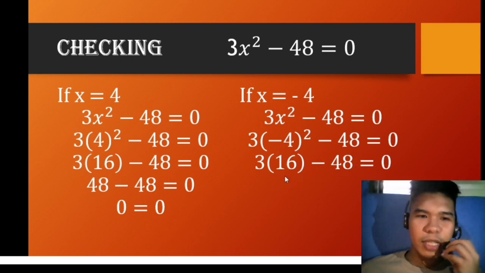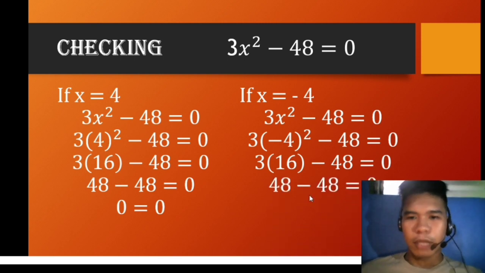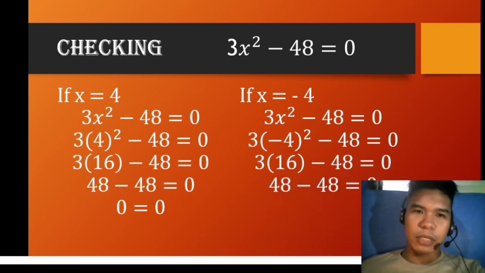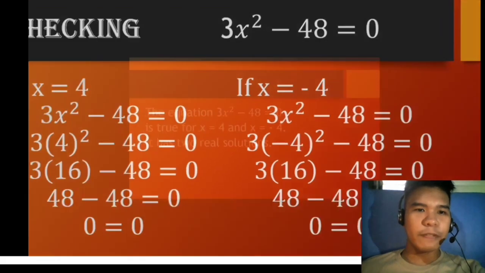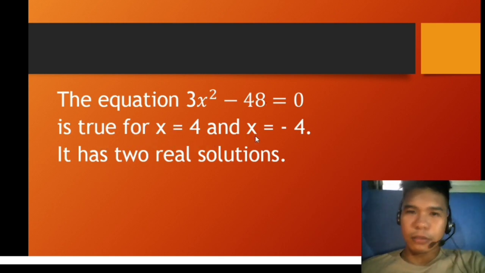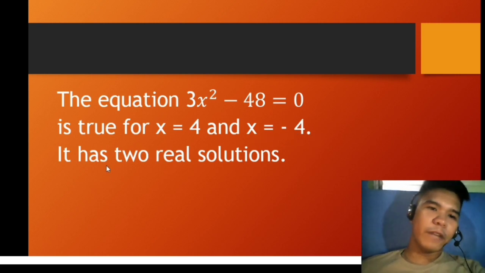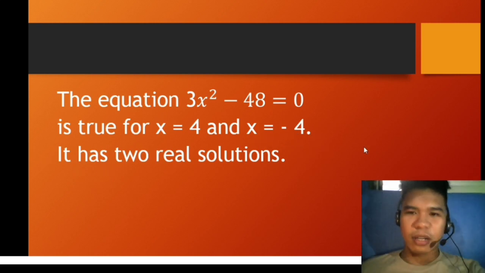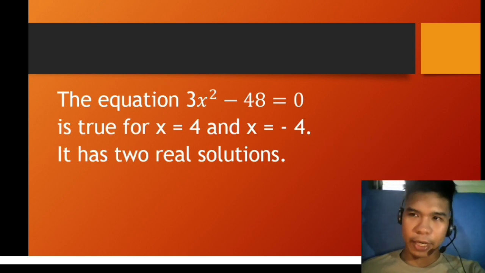So 3 times 16 now is 48 minus 48 equal to 0. And that is 0 equal to 0. Okay, so therefore, the equation 3x squared minus 48 equal to 0 is true for x equal to 4 and x equal to negative 4. So therefore, it has also two real solutions.